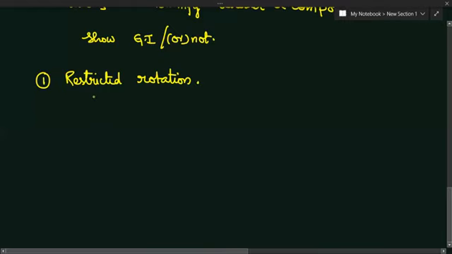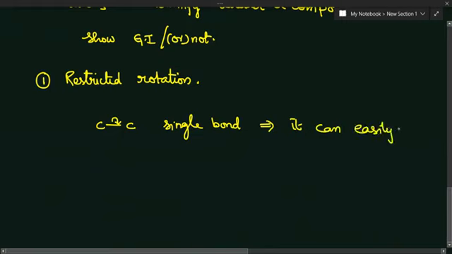What do you mean by restricted rotation? Where the rotation of the bond is restricted. For example, if I take any sigma bond, a single sigma bond can easily rotate.